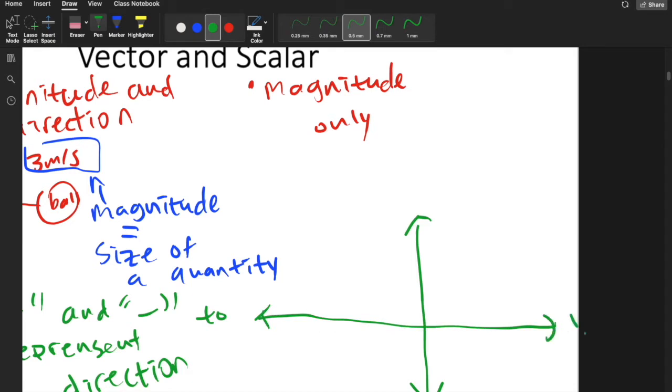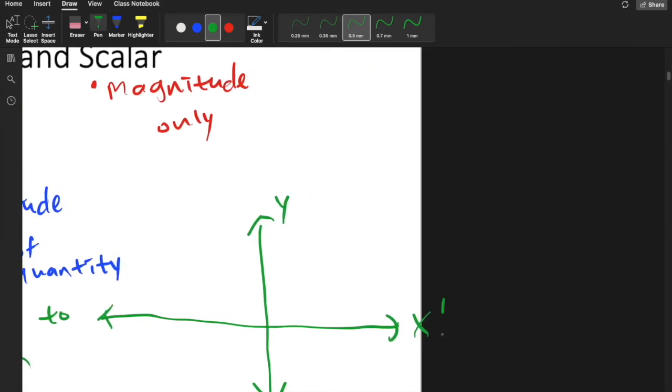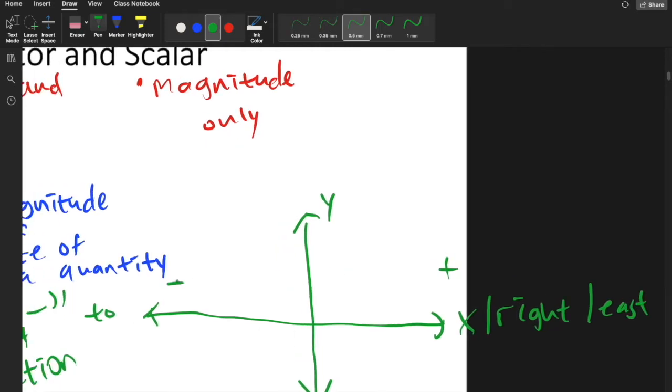Usually the x-axis direction, the rightward direction, also the east, is represented by a positive sign, and the left is represented by a negative sign, the opposite direction.